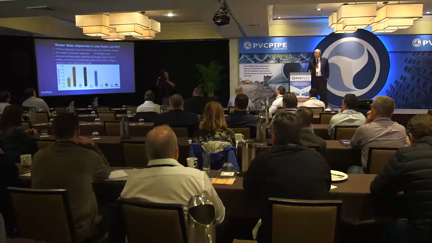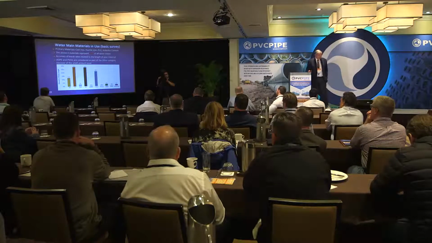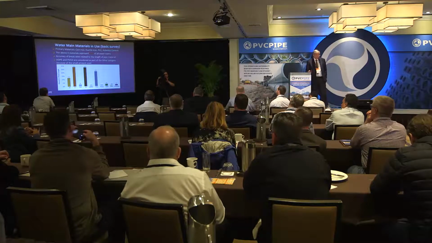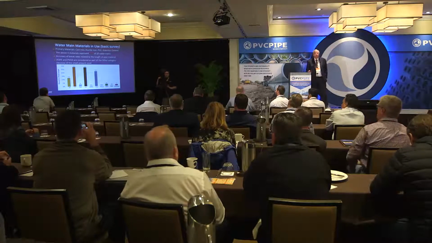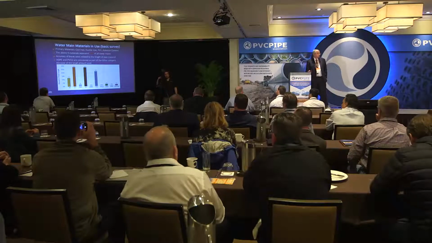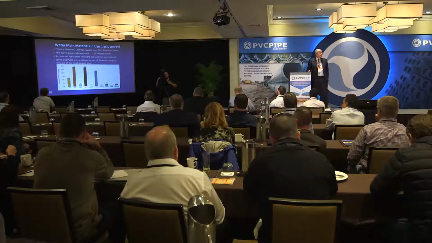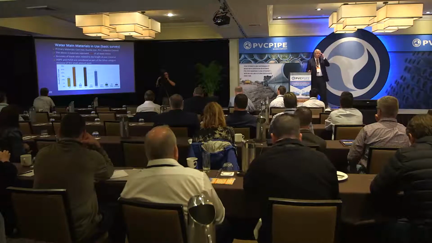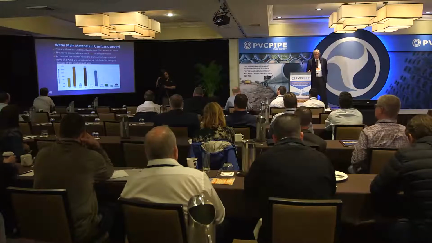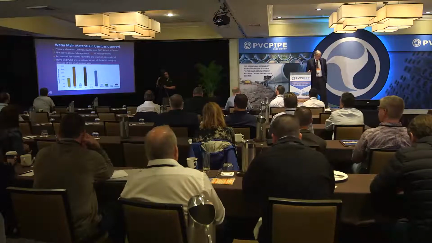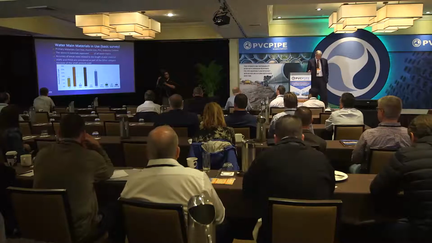PVC comes in third with 22%, and then asbestos comes in fourth. If you take those four pipe materials, cast and ductile iron, PVC, and asbestos cement, you represent 91% of all the installed pipe in North America. The others make up smaller percentages of that.